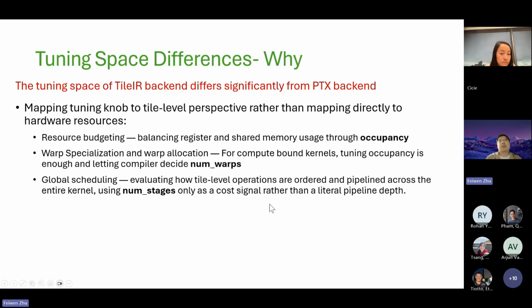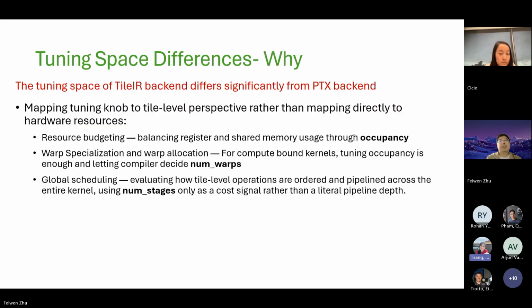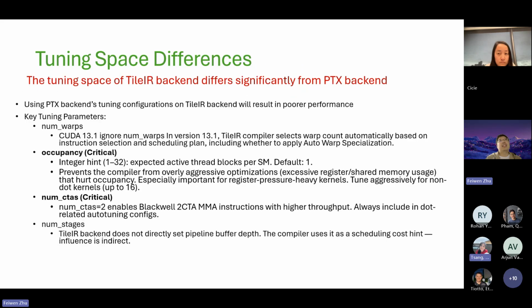The tuning space of the current TileIR backend is different from the current Triton. Are you going to cover how the occupancy is going to be selected by the translator? I will not cover it yet because it's very complicated. Internally, TileIR uses an automatic warp specialization algorithm that's a little different from the current AWS in Triton.